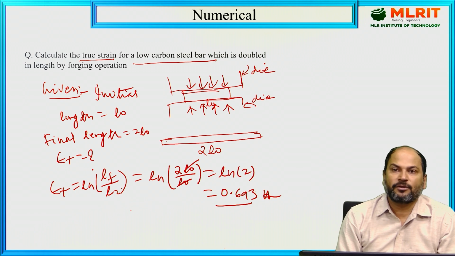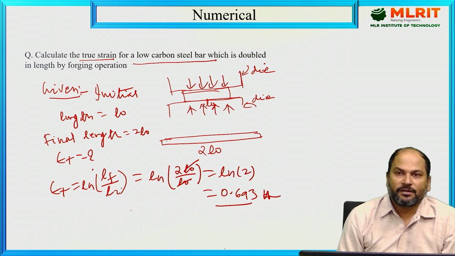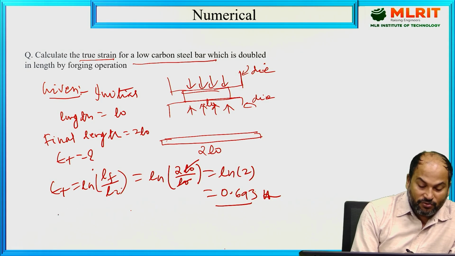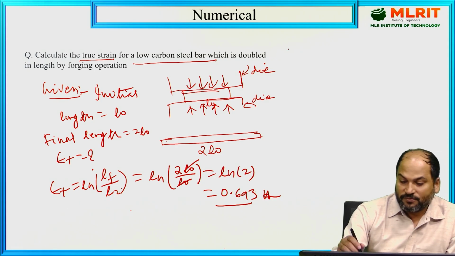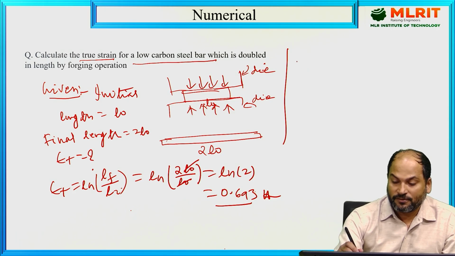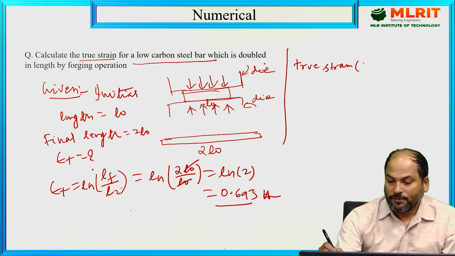It's a very simple question. What we have to remember is this formula for true strain, which we need to understand or remember. True strain is generally denoted by epsilon t. This is equal to ln, natural logarithm, of final length upon initial length.